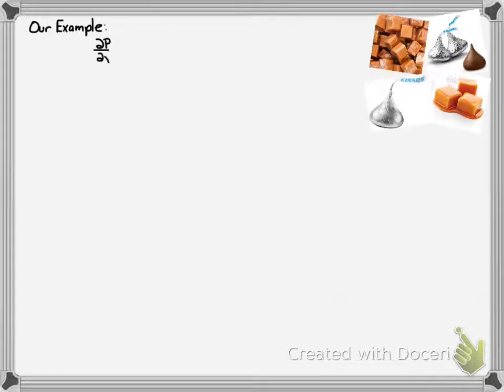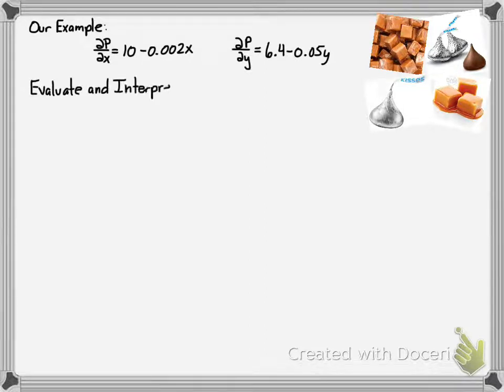Okay, so let's take a look at our example. In our example with the kisses and the creams, we had a partial derivative with respect to x, that's our marginal profit with respect to x, and our marginal profit with respect to y. And earlier in last class, we talked about the total profit from producing and selling 100 pounds of kisses and 16 pounds of creams.